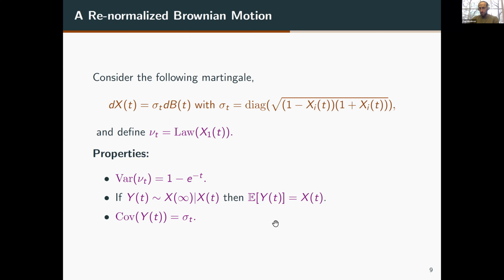Because x t is a martingale. This simply expresses the martingale property. But you can also calculate the covariance matrix of y t, and it turns out that sigma t is exactly the covariance matrix. So basically, at every point, we check what is the covariance we have left until the terminal point for the martingale, and this is what we normalize the Brownian motion by. Okay.